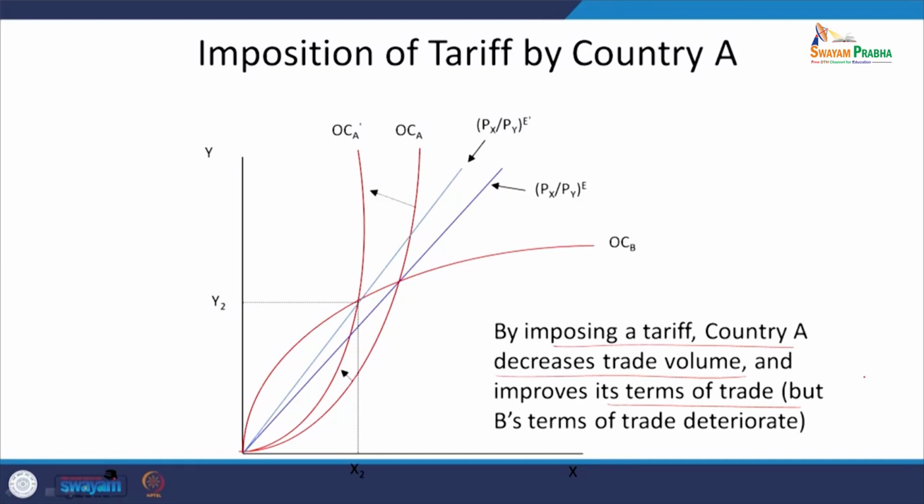Similarly, changes in supply conditions will also shift a country's offer curve. For example, productivity changes and discovery of new resources will change the offer curve.